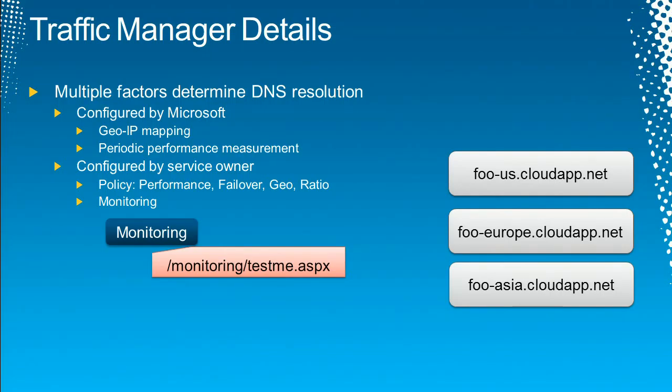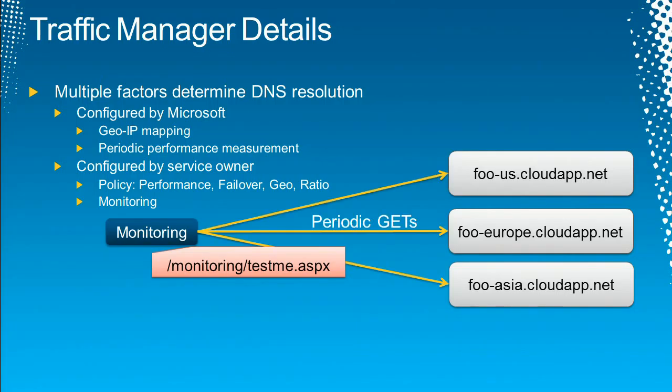And then what we'll do is we'll issue periodic gets, I think it's every 30 seconds, to each of the services that you've configured in your traffic manager policy. And if those gets succeed, we'll keep those instances in rotation. And if those gets fail, we'll take that service out of the rotation. And so the monitoring data plus the policy data determine where you go.